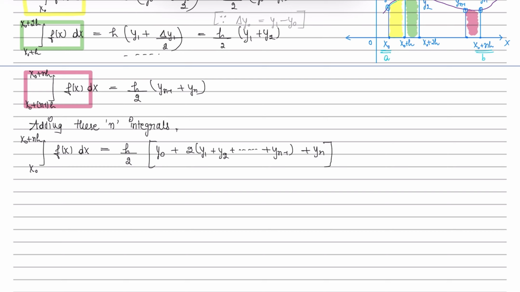This is known as the composite trapezoidal rule.